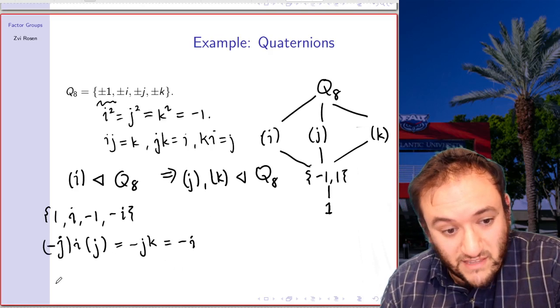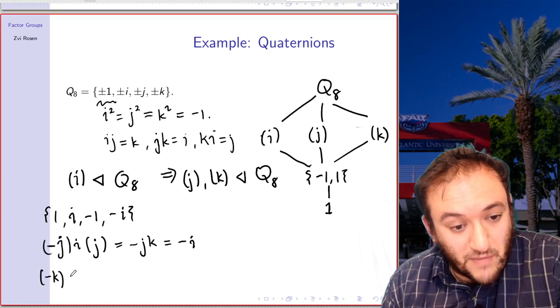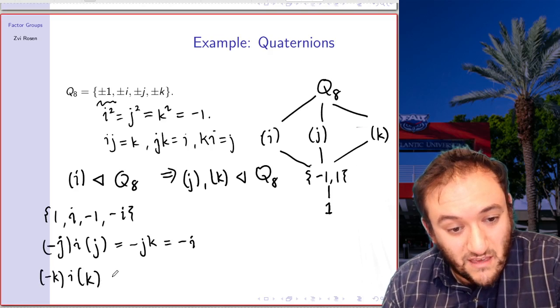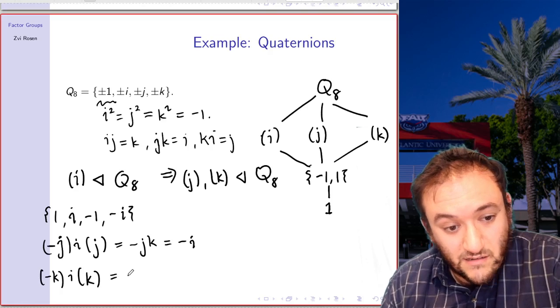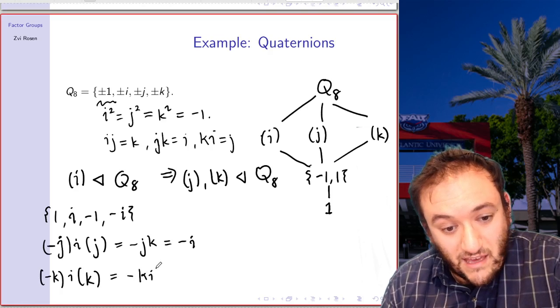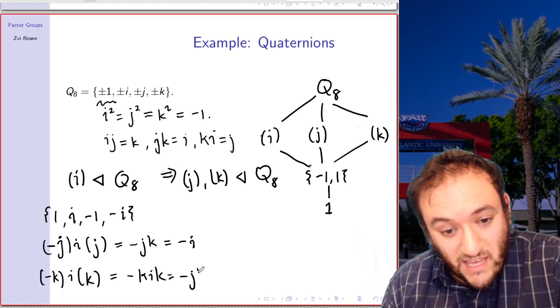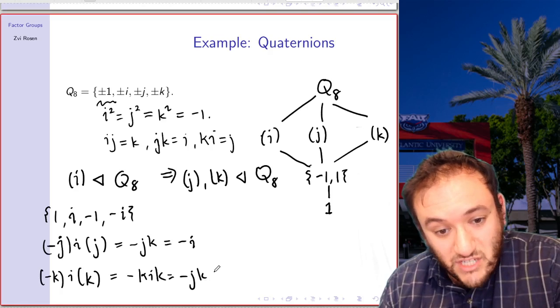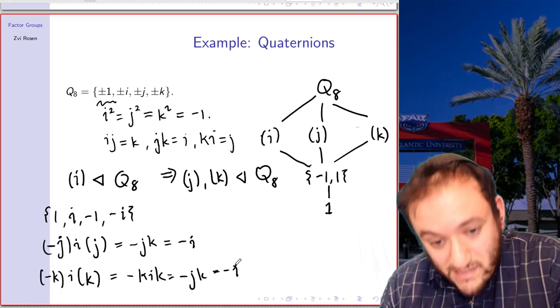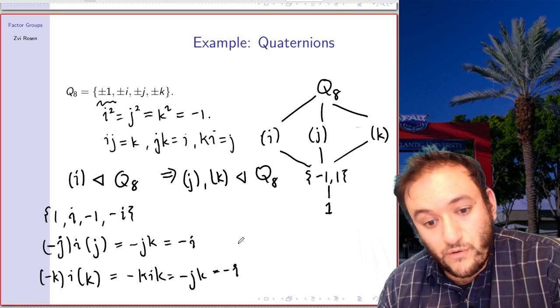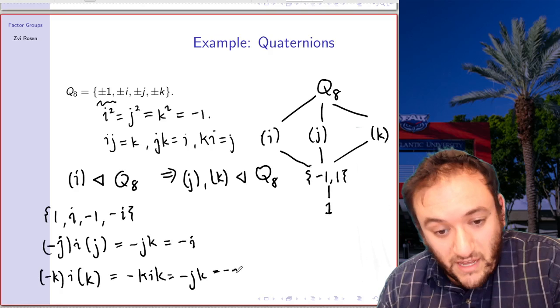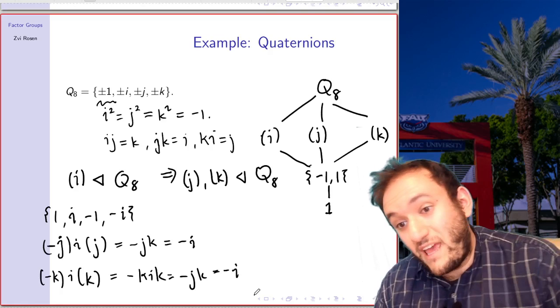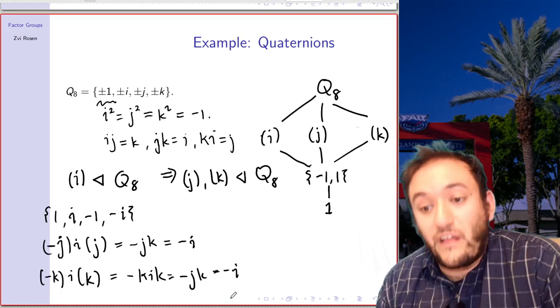By the same token, if we take minus k times i times k, we get minus ki k, which equals minus jk, replacing the ki by j. And minus jk is also minus i. So when we conjugate by either j or k, we get another element of the same subgroup.